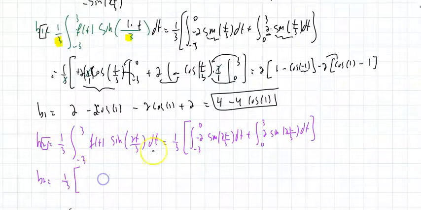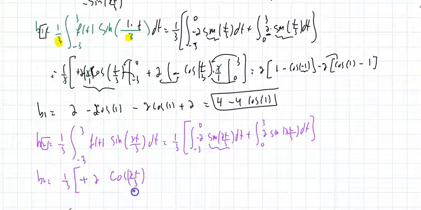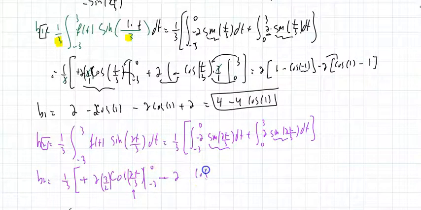And that's going to be 1/3 times, what do you take the derivative of to get sine? Negative cosine. So that's positive twice the cosine of 2t divided by 3, and you divide by 2/3, that's 3/2, evaluated from negative 3 to 0, minus, because I know this is going to be a negative, twice the cosine of 2t divided by 3 times 3 over 2, evaluated from 0 to 3.